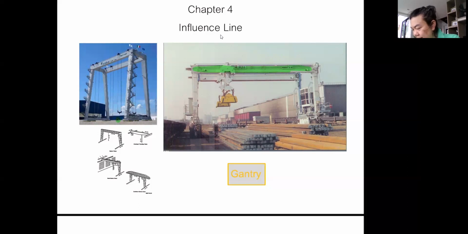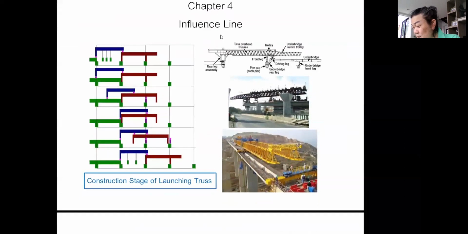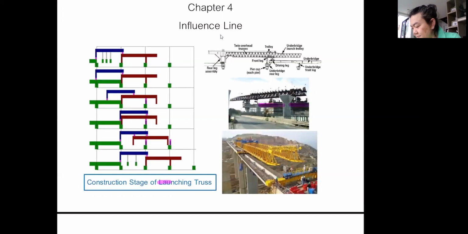They are called gantry, and this is a launching truss. You probably have heard of the word before. When we construct the train above the ground, sometimes we call it a viaduct, to place the structure for the train like that. You can see that, right? In order to install the segments of those structures, we use the moving truss, or launching truss rather, sorry.